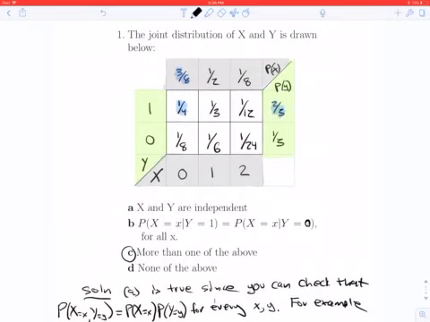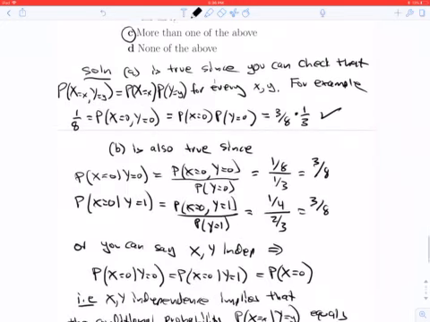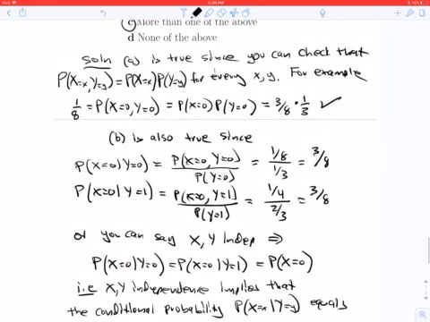Now, independence does imply that these conditional probabilities must all be the same as the unconditional probability, and this is something that you can confirm. So I calculated it here.